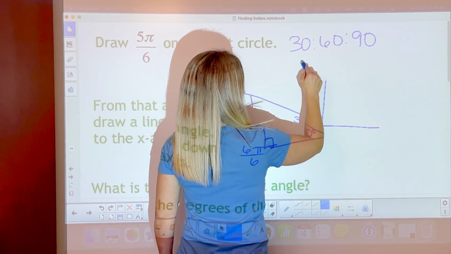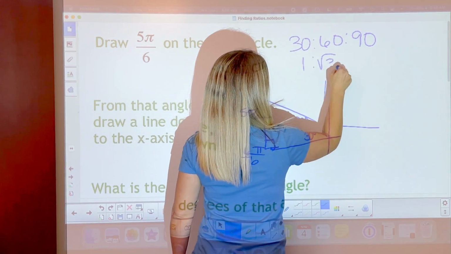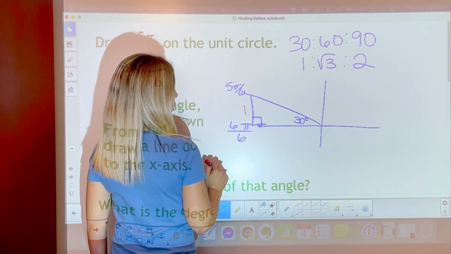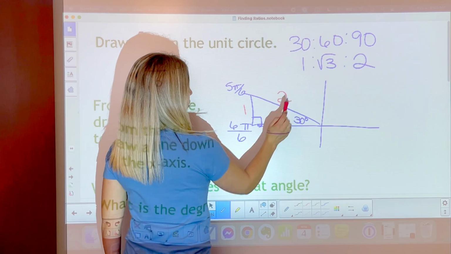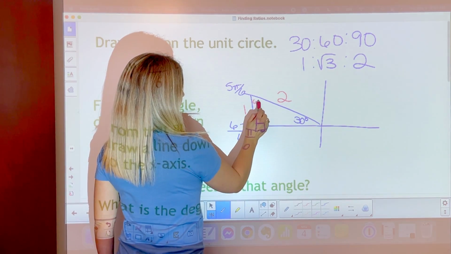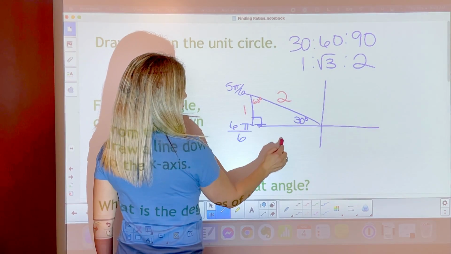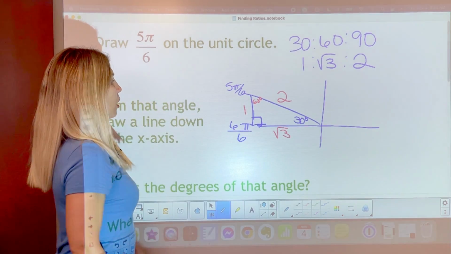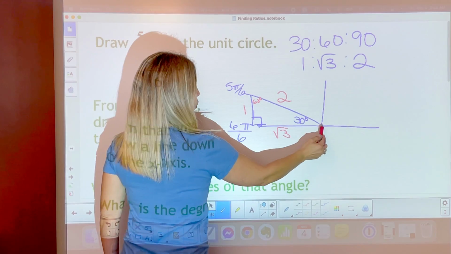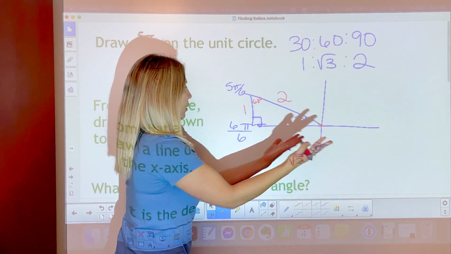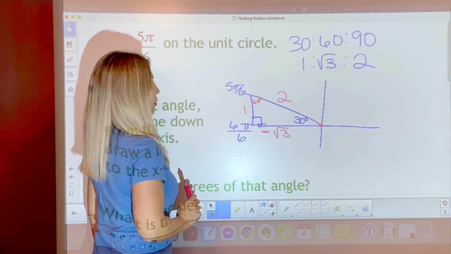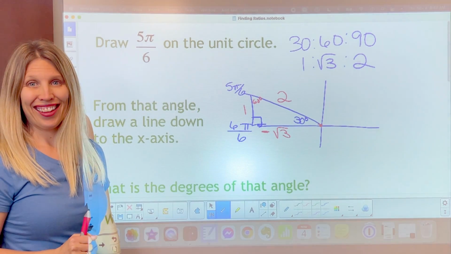So we know those ratios are 1, square root of 3, 2. Across from the 30 degrees gets the 1, across from the 90 degrees gets the 2, and so this makes this guy 60 degrees in the corner, which means the ratio across from him is square root of 3. But now, we are to the left side of the x-axis, so this is actually negative square root of 3.